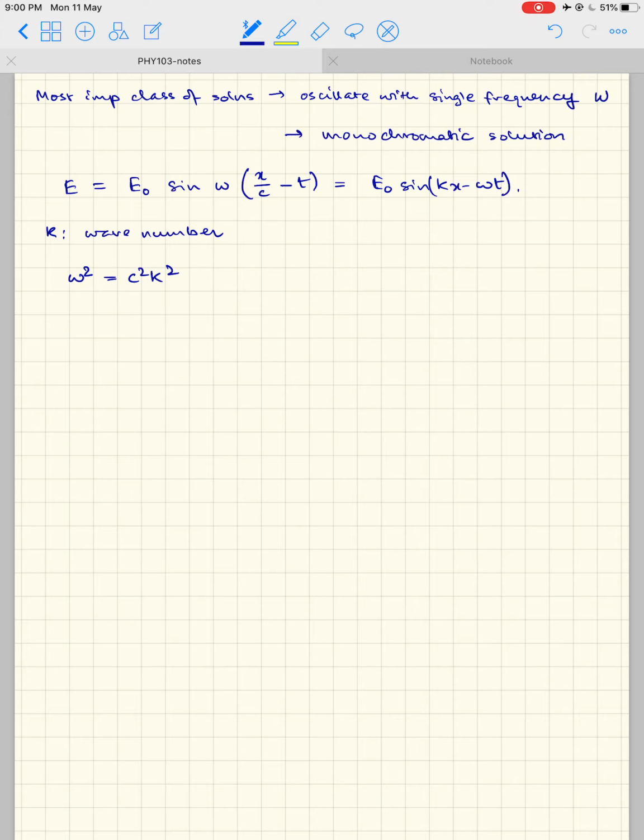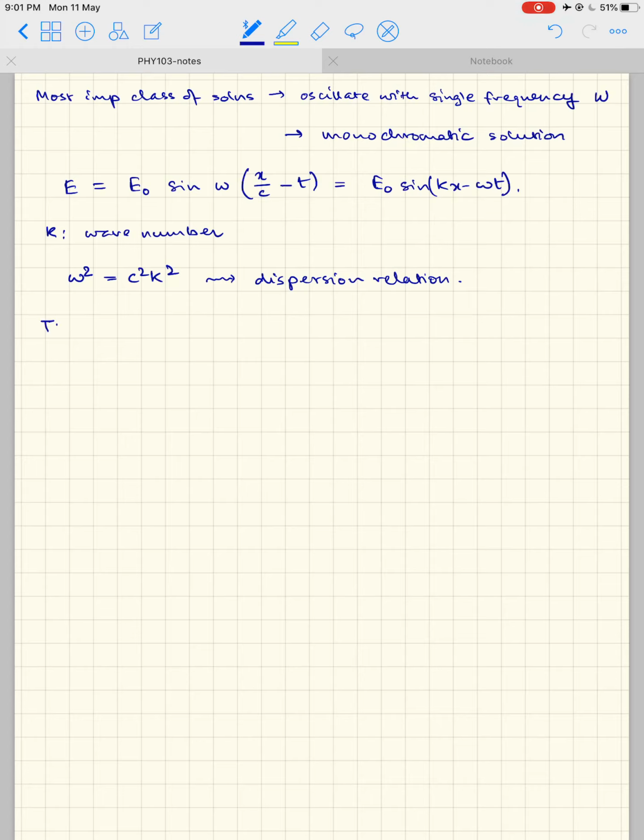This is an important thing. This is going to be called a dispersion relation. A few other things are important. Omega is essentially the angular frequency. The actual frequency is omega by 2 pi, but we will just be lazy and call omega the frequency.